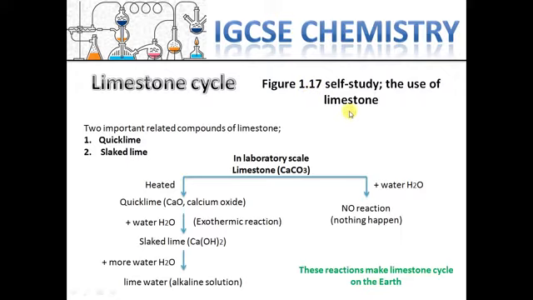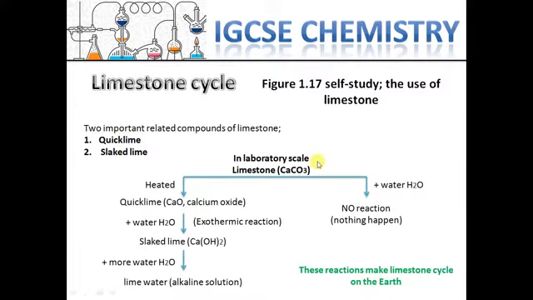Just try to memorize the uses of limestone. And this compound, this chemical, has two other important related compounds. One is quicklime, and the second is slaked lime. These are the other two related compounds of limestone.